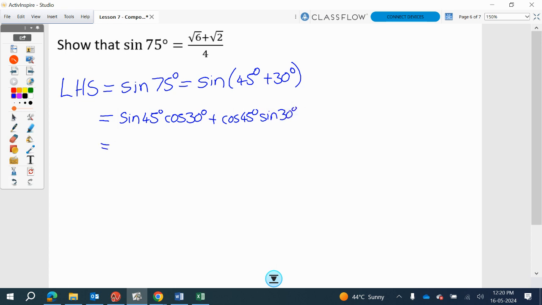Using the exact values, we get root 2 over 2 times, what's the cosine of 30? Root 3 over 2. And then root 2 over 2 times, what's the sine of 30? 1 over 2. Root 2 times root 3 is root 6. Root 2 times 1 is root 2. 2 times 2 is 4. And that equals the right answer.